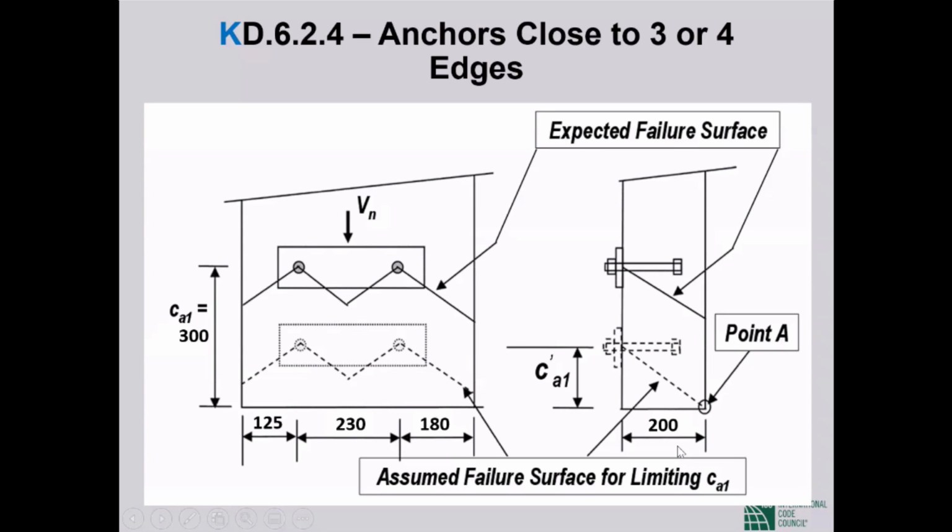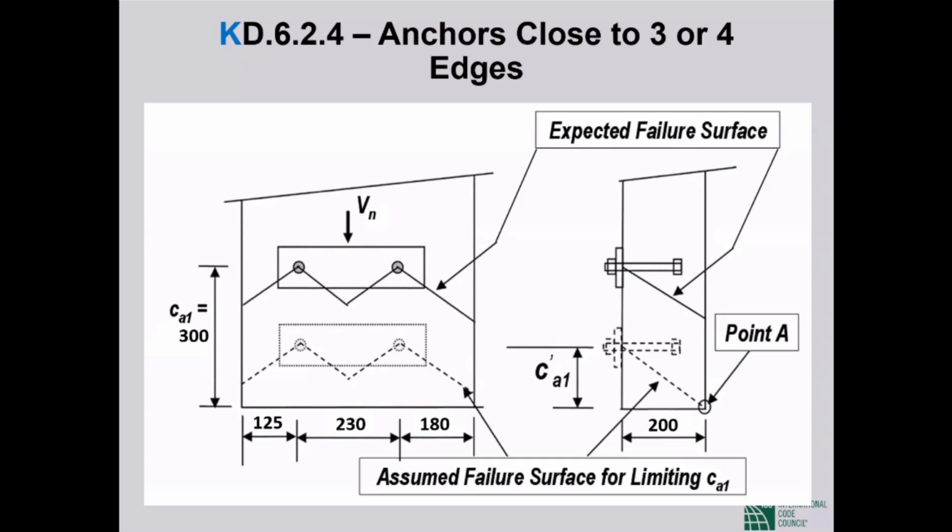So the effective C sub A1 will be the largest of the edge distances, 125, 180, or 200. The largest is 200. 200 divided by 1.5, or 230 divided by 3, whichever is the larger of the two.